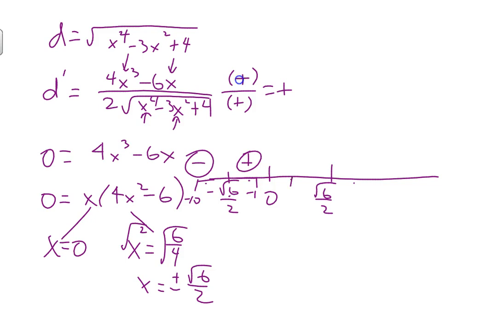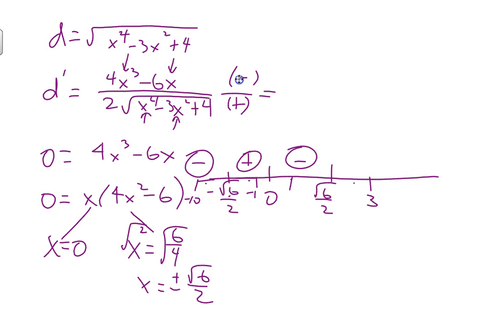All right, plugging in a 1 this time. In the numerator, I would get 4 minus 6, which is negative, over a positive, because the bottom's always got to be positive from the square root, so it'll be a negative again, right? And then to the right of square root of 6 over 2, the square root of 6 would be 2 point something, divided by 2 is about 1, so I'm going to pick a nice safe number like 3.